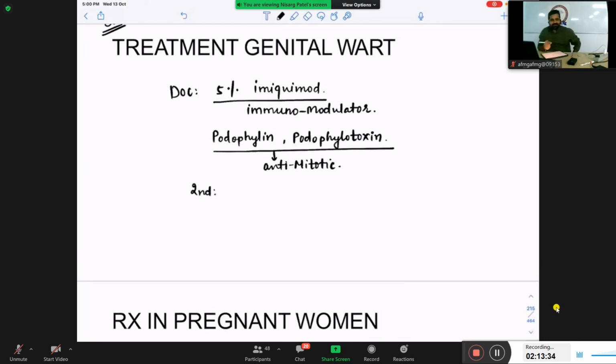The second line is cryotherapy. Or, if the warts are large, surgical excision can be done.